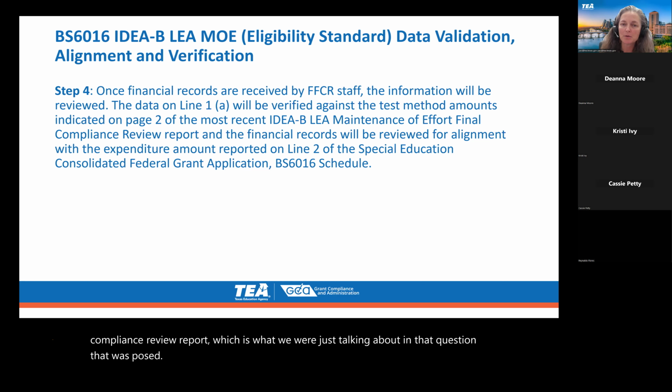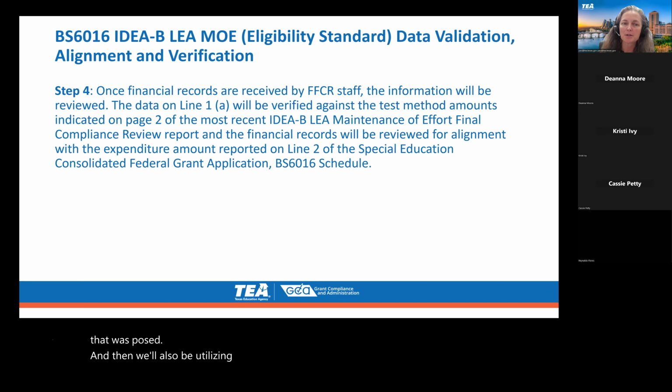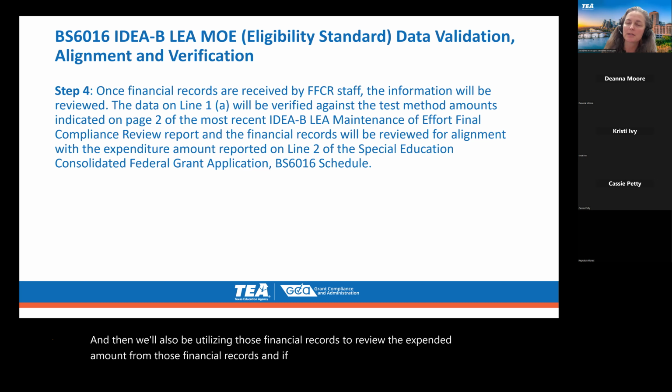And then we'll also be utilizing those financial records to review the expended amount and whether or not it lines up with line 2 on the Special Education Consolidated Federal Grant application.